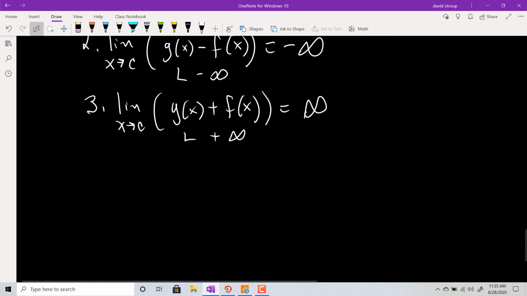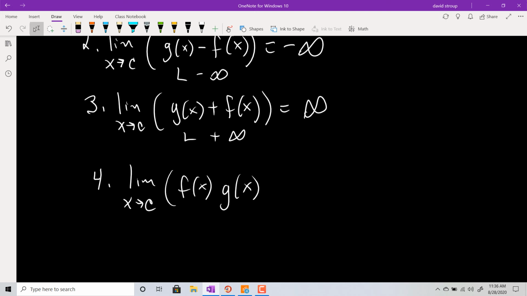Okay. Some other factoids, like number 4, the limit as x goes to c of f of x times g of x, which is like infinity times L. You can multiply these out. It's just going to be infinity.